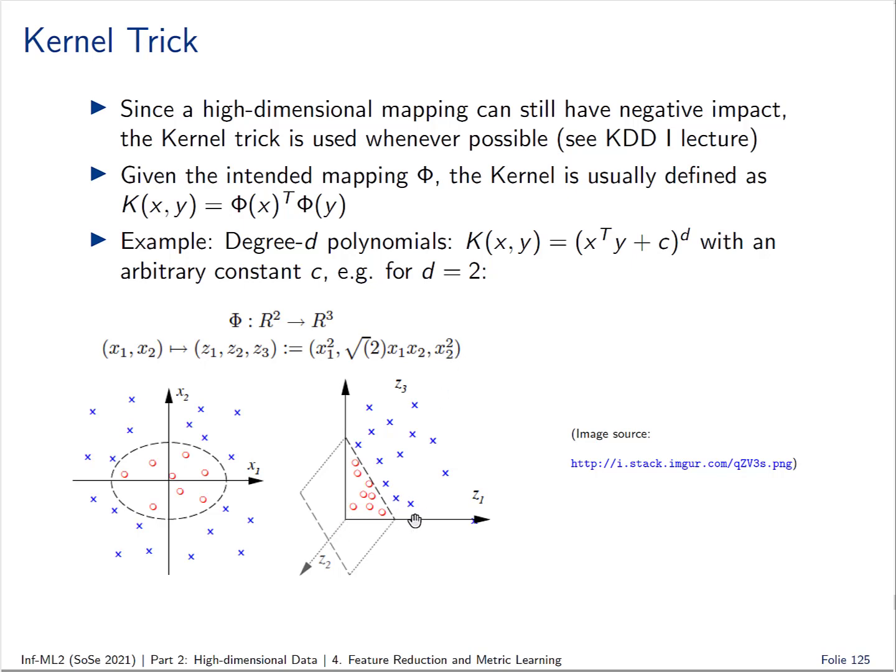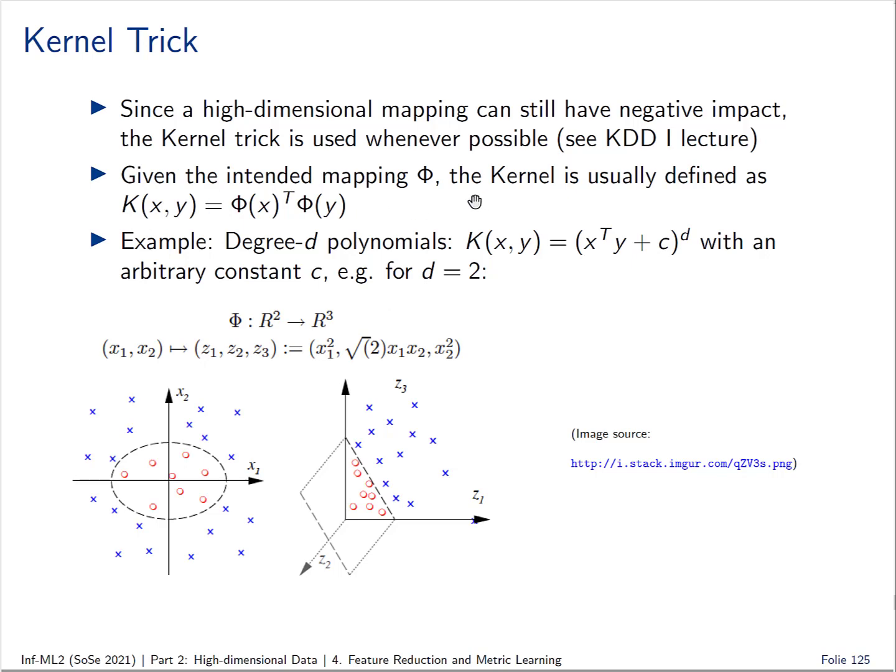This mapping, which is explicit here, can be modeled by this mapping function phi. So each original observation x, consisting of two features, is mapped to three new features, which can be computed from the original features as given here.